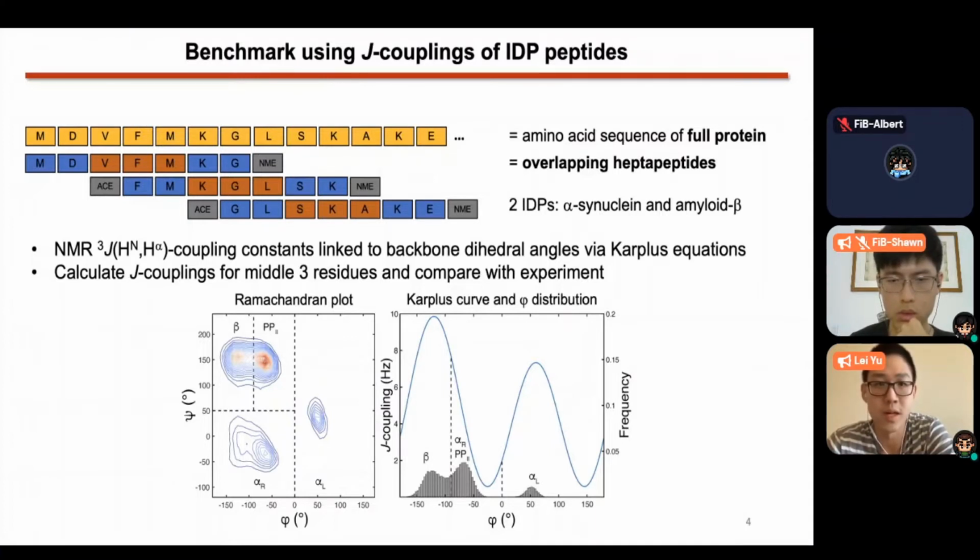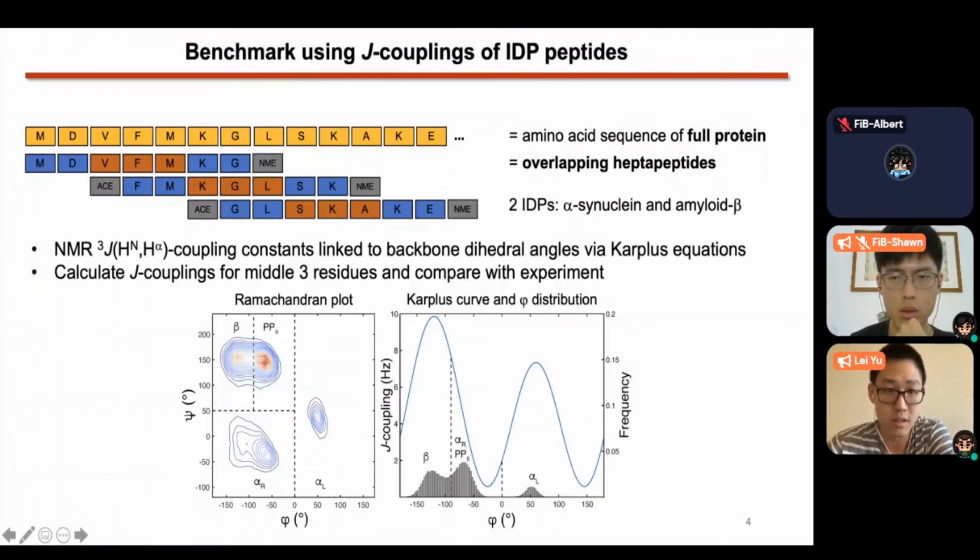First, we cleave them into overlapping peptides to promote better sampling, because those IDPs can be very large. And from that, we use the experimental nuclear magnetic resonance 3J coupling constants to do the validation.